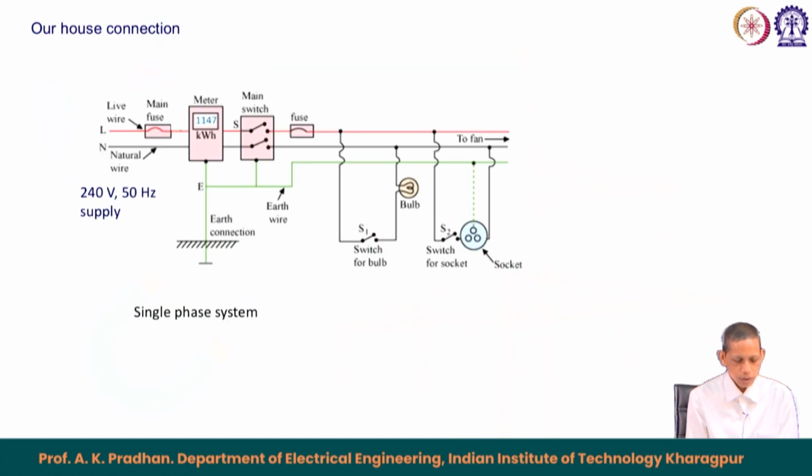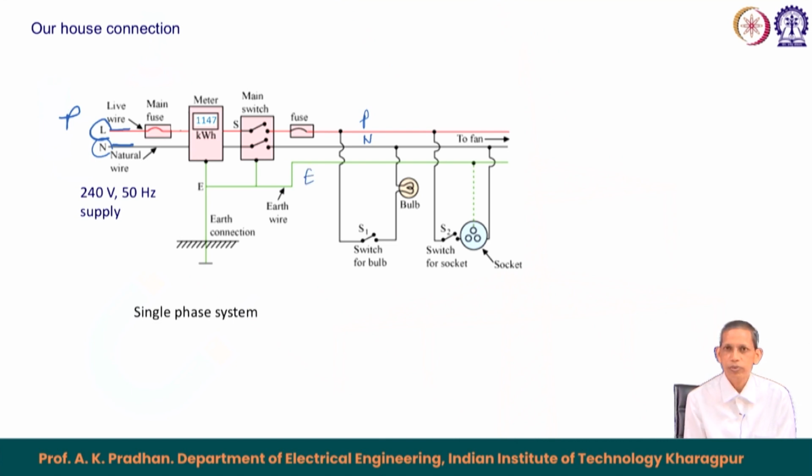Now, as I said, our house is provided with an L for line, also called phase, and N for the neutral wire, and then we have fuse, meter and so on, connected to different bulbs, fans, etc. As mentioned earlier, we have a phase wire, a neutral wire, and an earth wire.